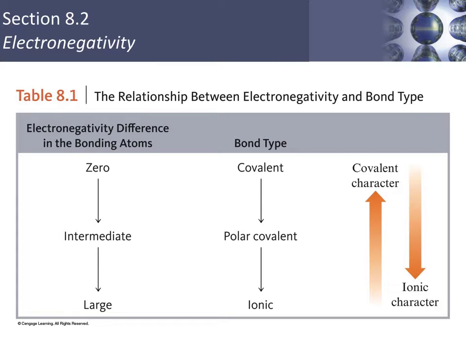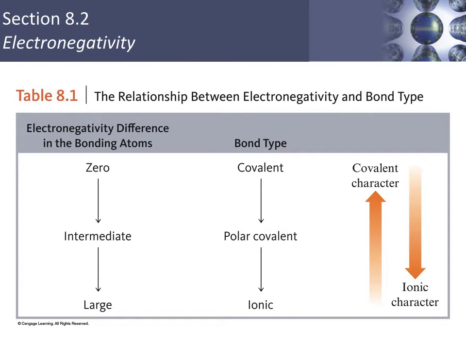Another thing to look at is the relationship between electronegativities and bond type. So if there is no electronegativity difference between atoms, then it's going to be a covalent bond. And remember, I told you if the electronegativity difference was less than 0.5, we will consider it a covalent bond, and it'll have high covalent character and low ionic character.